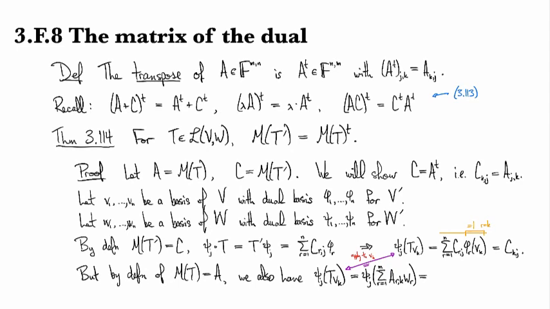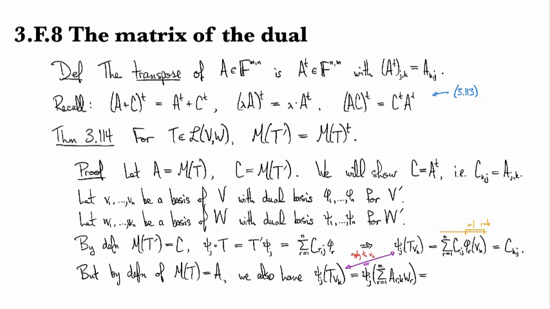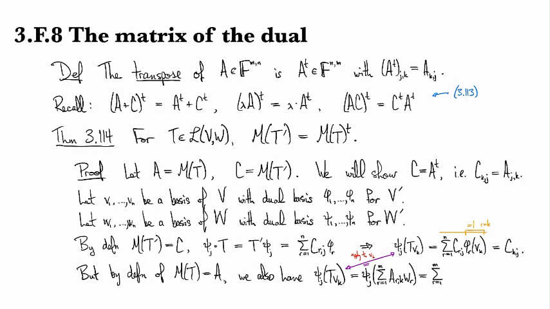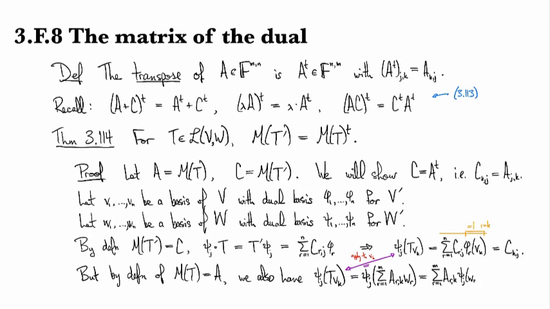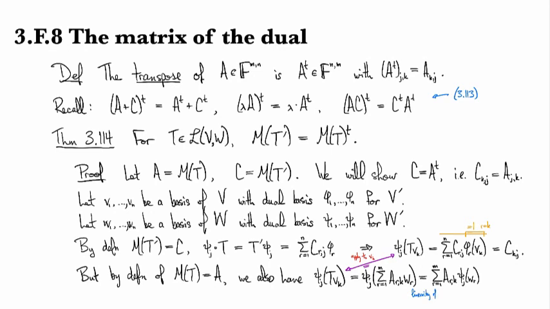And so this is now the sum r equals 1 to m, and now we use the linearity of psi j to factor through the linear combination here, and we have psi j on w_r, by linearity of psi j.